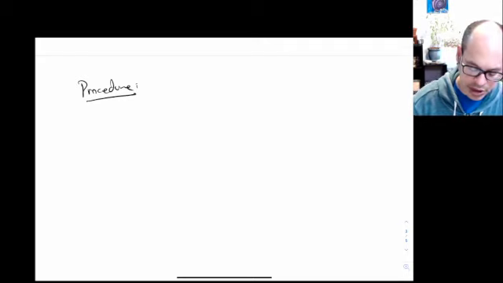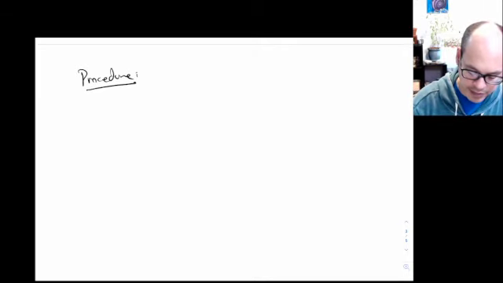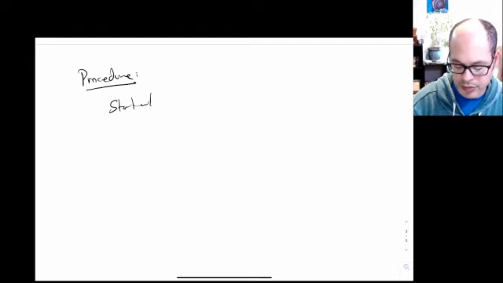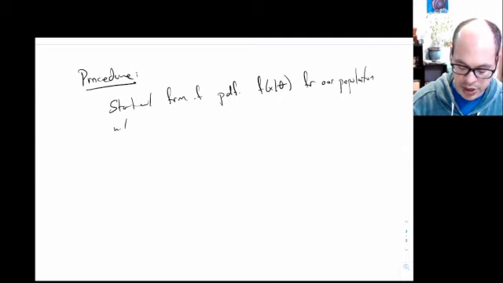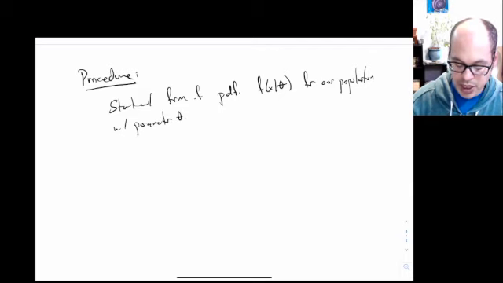Okay. So the procedure is we start with some form of a probability density function, f of x given theta, for our population, with parameter theta.